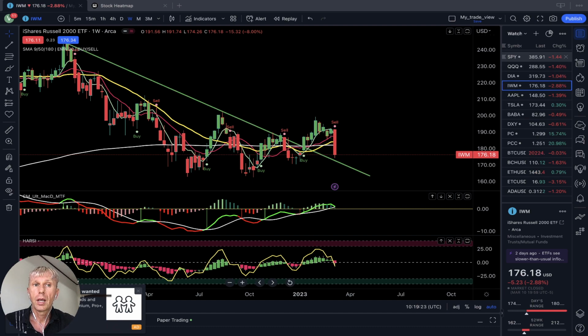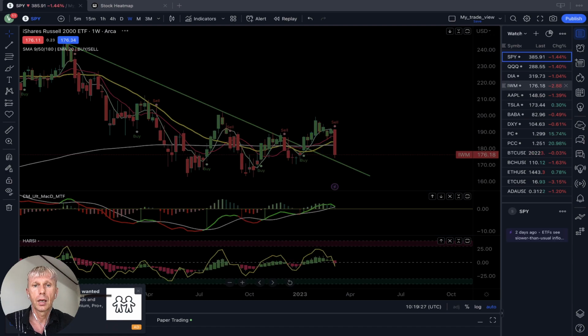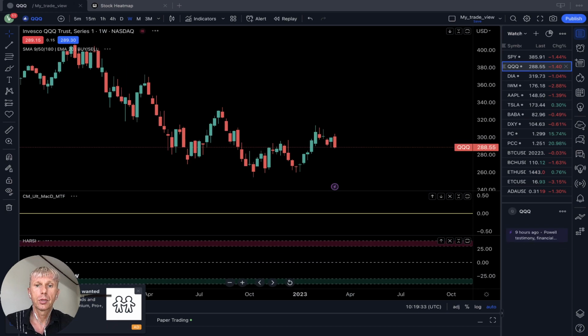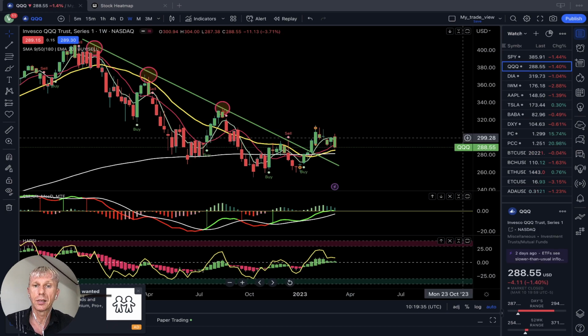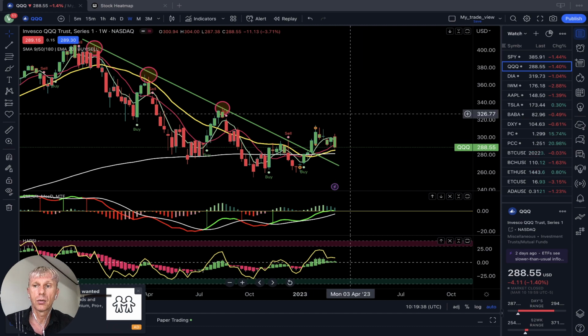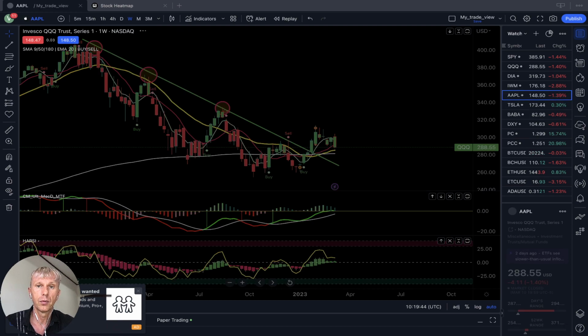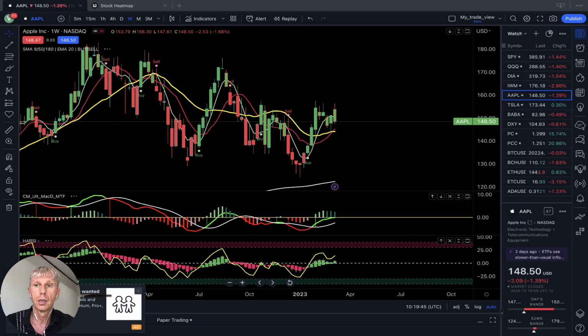On the daily time frame, they are all negative. All indexes negative, except QQQ. QQQ on the weekly time frame is still positive. They are still positive because of Tesla, BABA and Apple. Apple and Tesla are still weekly positive, still bullish.